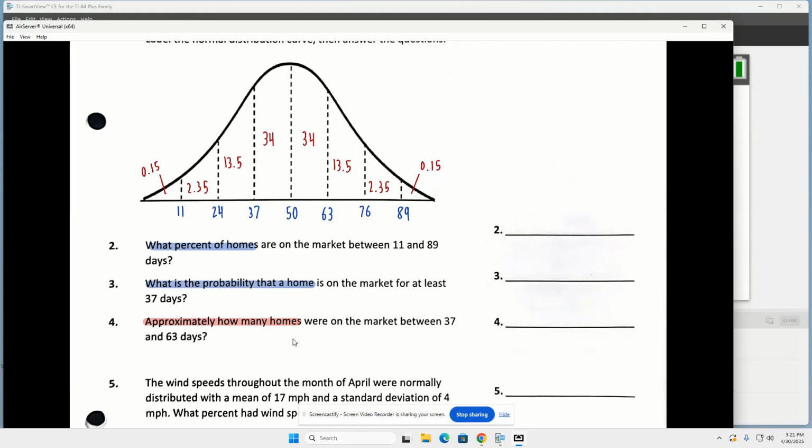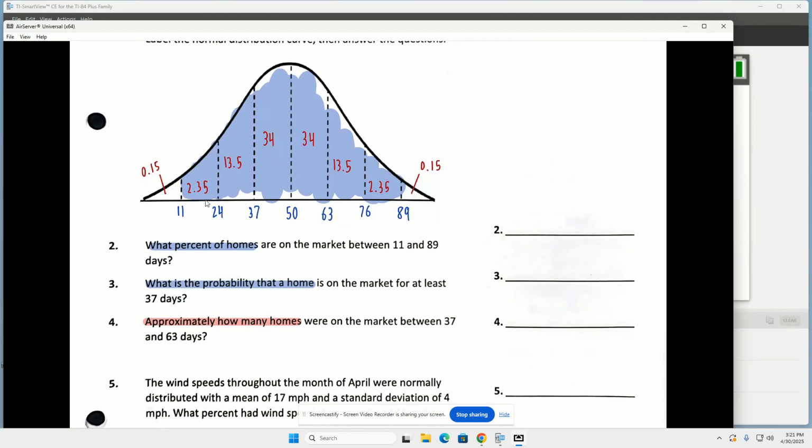Now, fortunately, I can highlight. You can't. I guess you can, but you'd have to erase and it would be a mess. But it says, what percent of homes are on the market between 11 and 89 days? Now, look, 11 starts here, and it goes all the way over here. Now, there's 2 ways of doing this. You could either add up all of these highlighted regions, or you could remember that that's 3 standard deviations in both directions.